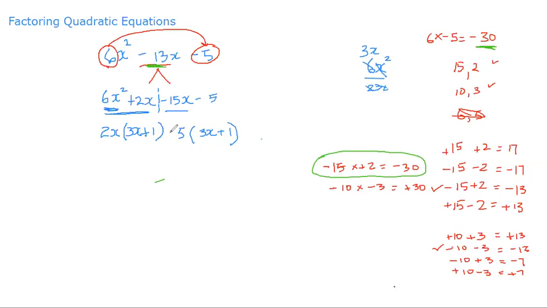Once I've gotten to this line, then things are shaping up nicely, because now I have matching brackets. And because I have matching brackets, I can now factor that out. All right, so I get 3x in one bracket. Oops, just made a little mistake there. Let me just rub that off.